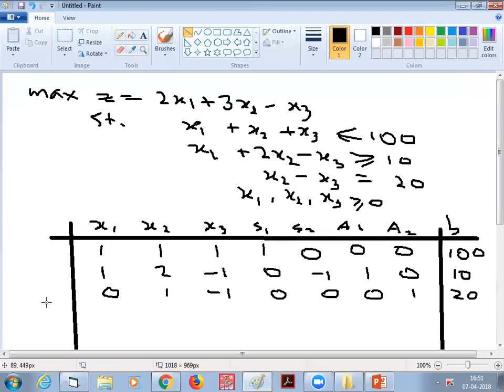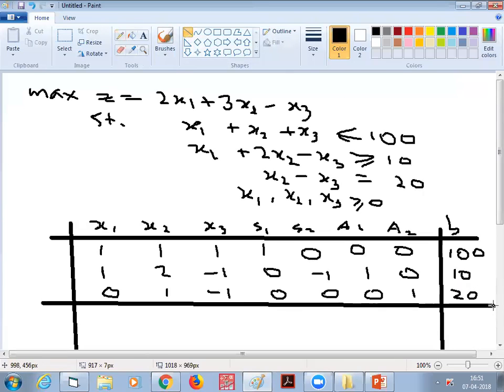Okay, so what are the basic variables? Of course, slack variables will always be basic, so S1. Artificial variables will always be basic, so A1, A2. So the rule is, slack variables and artificial variables will always be basic.